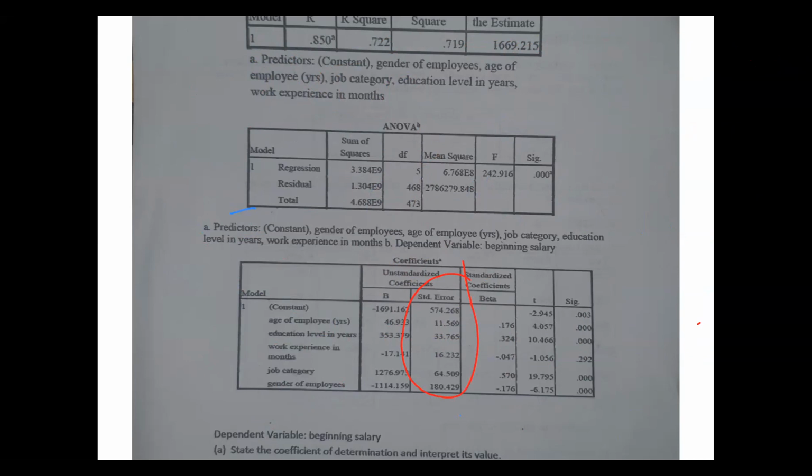Really, with this simple output, you can do a lot. There is a lot we can get from this page. You remember we talked about the z-test and the t-test.